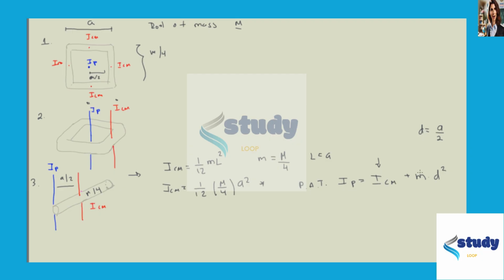I know the mass, and I already know this I through the center of mass. So it's as easy as finding that I_P is equal to 1/12 of M over 4 times A squared, which is what I had before, plus M over 4 times the distance, A divided by 2, squared.